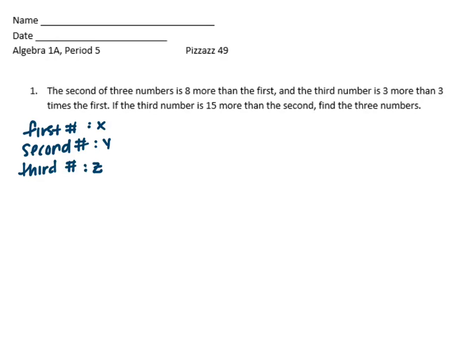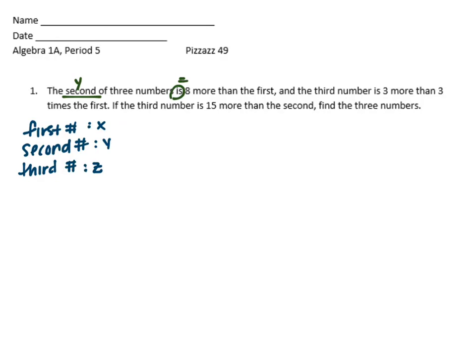Now the next thing I'm going to do is chunk the word problem out. I just read the whole thing through and there's a lot of information, so I'm going to chunk it into smaller pieces that make sense to me. Here, it says the second of 3 numbers. The second is the same thing as y.